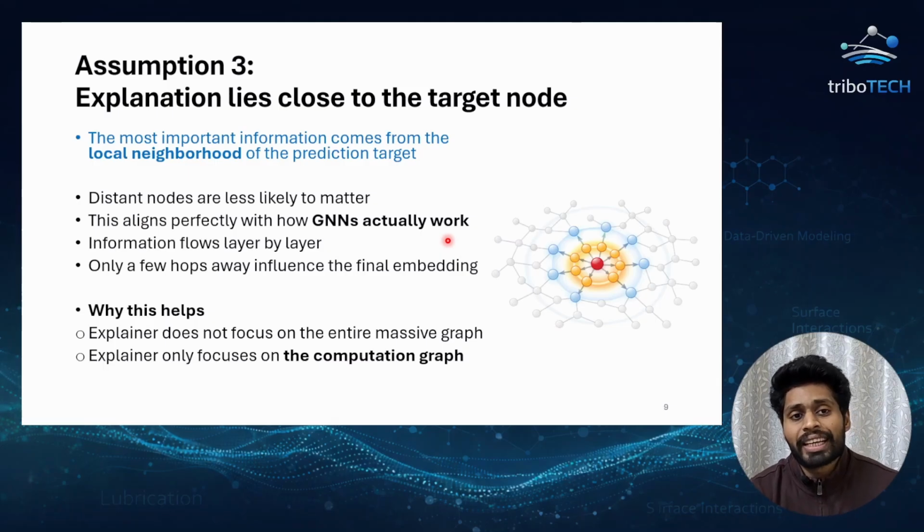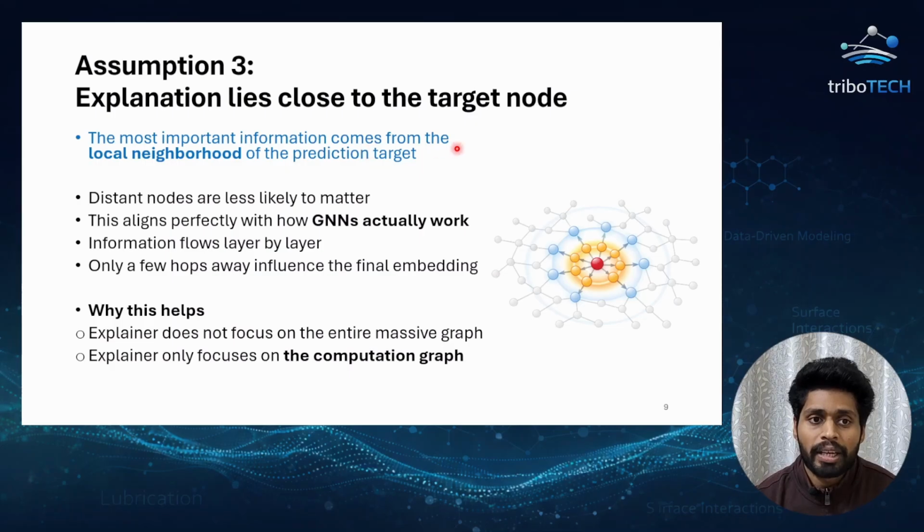Another assumption that an explainer can use is that the explanation lies close to the target node. What this means is that the most important information comes from the local neighborhood of the prediction target and not from the distant nodes. So distant nodes are less likely to matter.